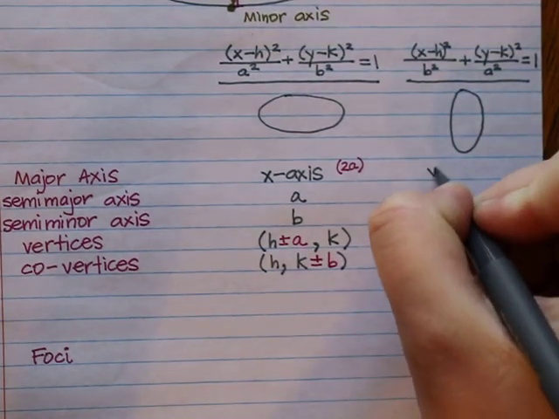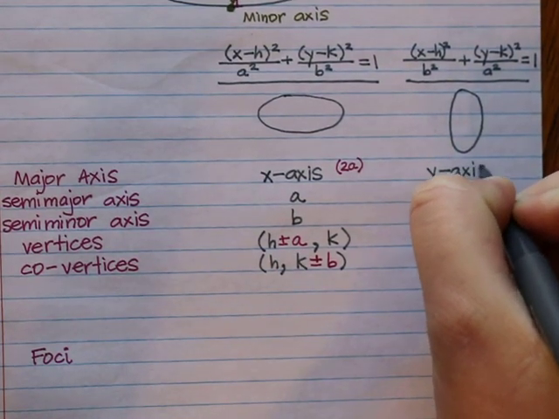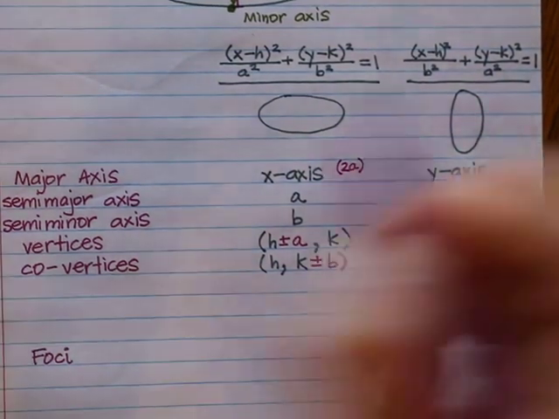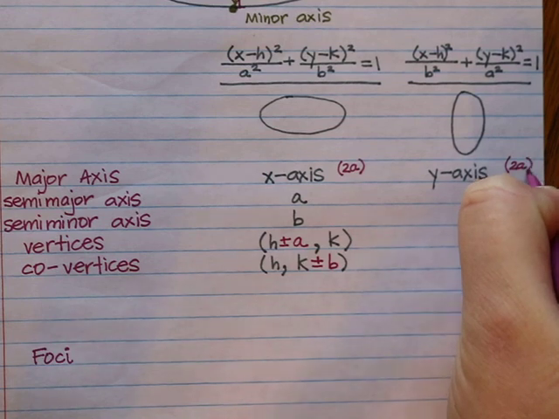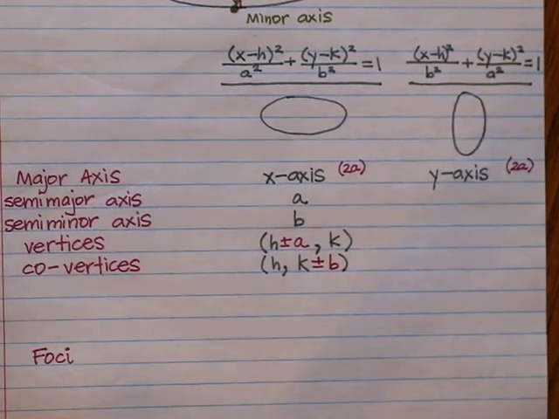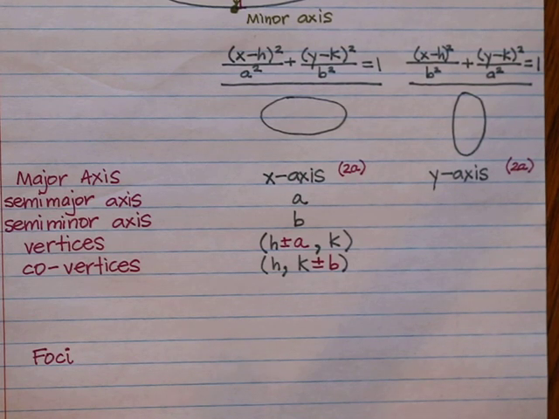So up and down, that would be parallel to the y-axis, still has a length of 2A. Okay? Still has a length of 2A. And what I mean by that is A is always the biggest number. So if this is an up and down one, A is under Y, A is bigger than B. And we just have to be mindful of which one's bigger and how that is going to determine our shape, okay?